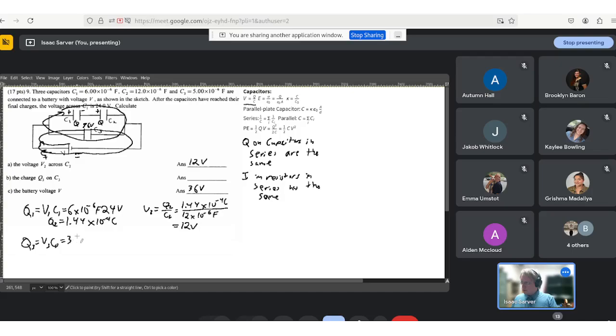I didn't make that number up for no reason. 36 volts times the capacitance of 5 times 10 to the minus 6 farad. 36 times 5e minus 6 is 1.8 times 10 to the minus 4 coulombs.